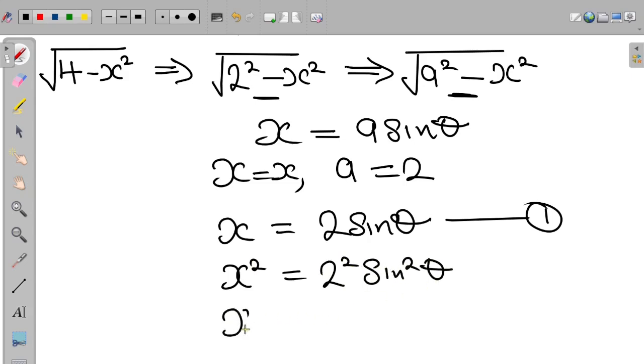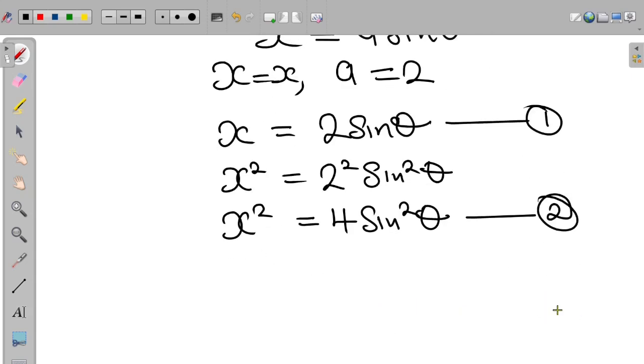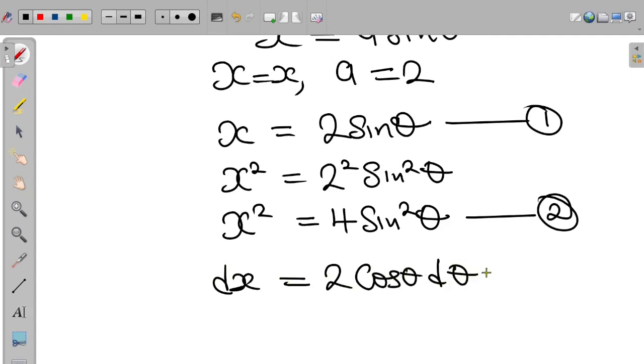So x squared will be equal to 4 sine squared theta. Let's call this equation 2. Also, from equation 1 again, we can have that dx will be equal to 2 cos theta d theta. Let's call this equation 3.